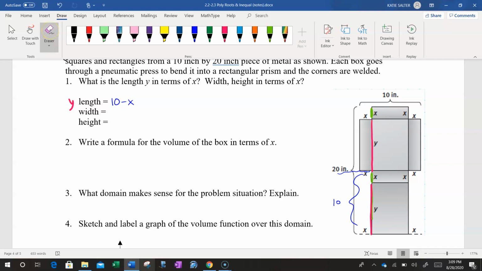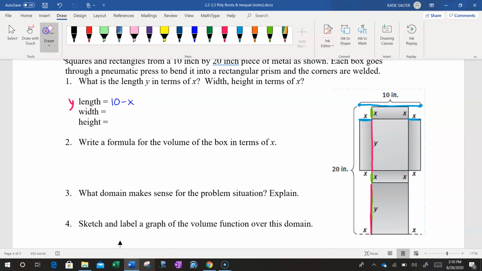All right, now let's figure out what is the width of the box. So that's where we're looking at the top part. If we want to figure out the width, we can see that originally the whole piece right here from beginning to end is 10 inches long. But what they're going to have to do is cut out this x right here and this x right here so they can fold those sides up to make the box.